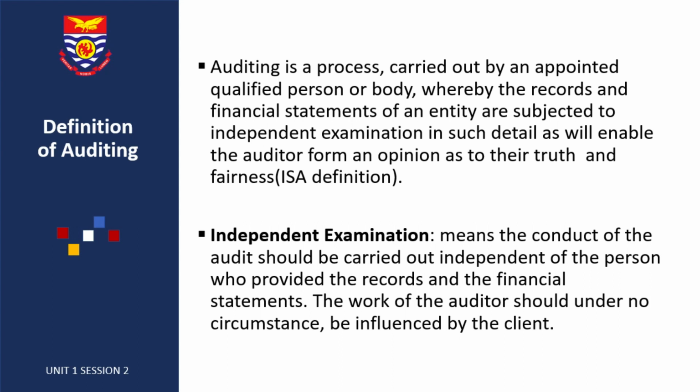So it's a process carried out by an independent person, who assesses the records and financial statements prepared by the entity, and at the end of the day arrives at an opinion as to whether they represent the true and fair dealings of the company.